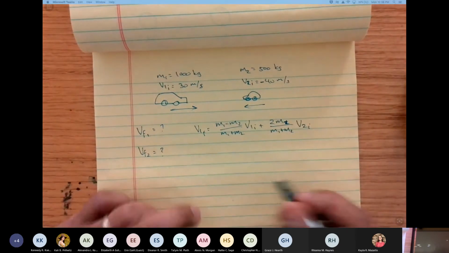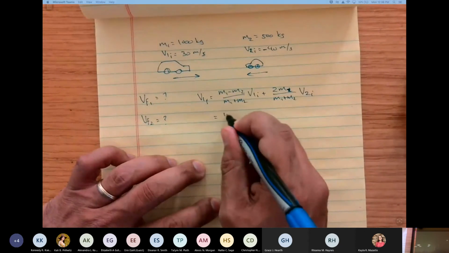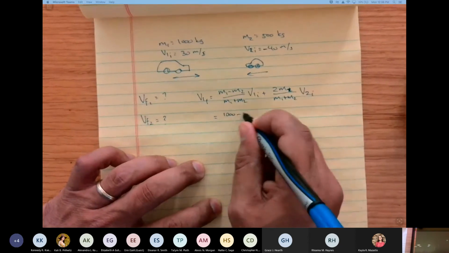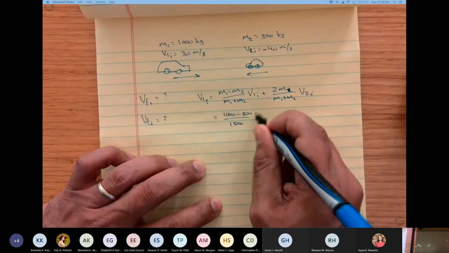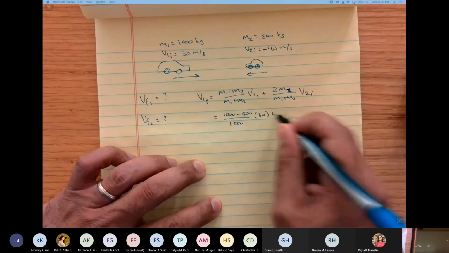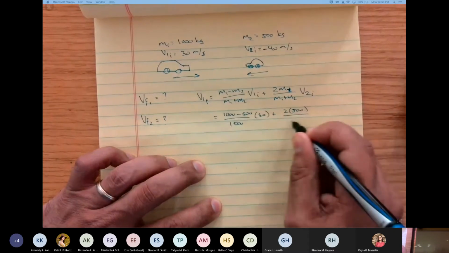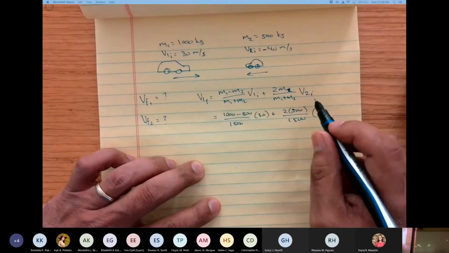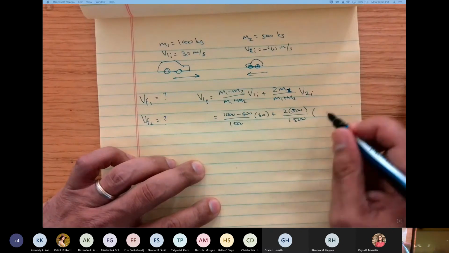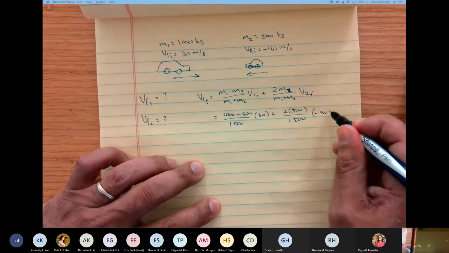So I'm just going to substitute values. I'm going to have 1,000 minus 500 over 1,500 times 30, plus 2 times 500 over 1,500. And here, for the velocity of the second mass, because it's going in the opposite direction, you actually need to put negative 40 meters per second.